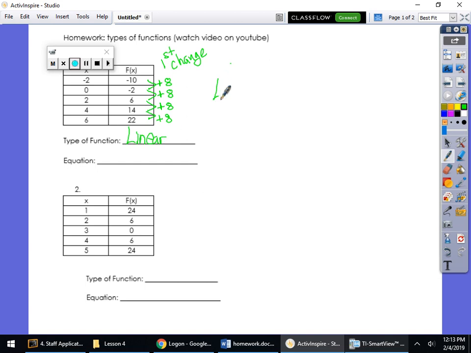Linear has a constant first difference, and this time the first change is adding by 8. So we look at the change, the pattern, and since it's all +8, it's linear.